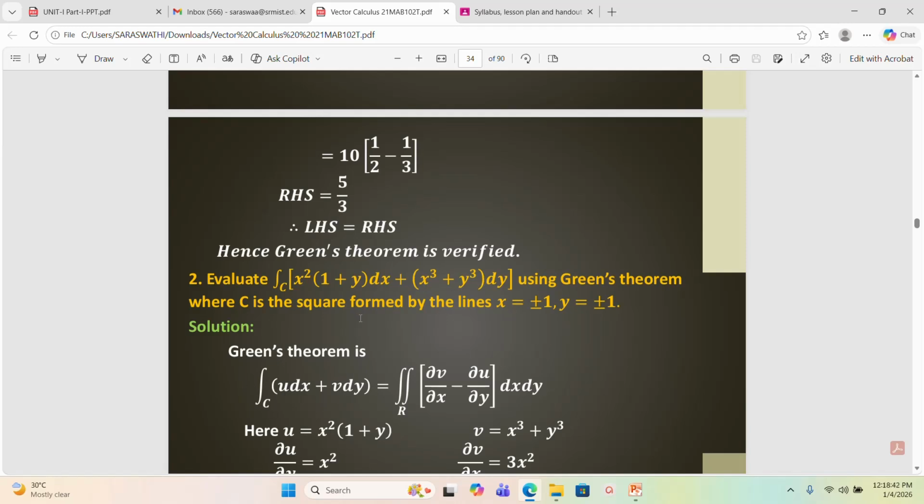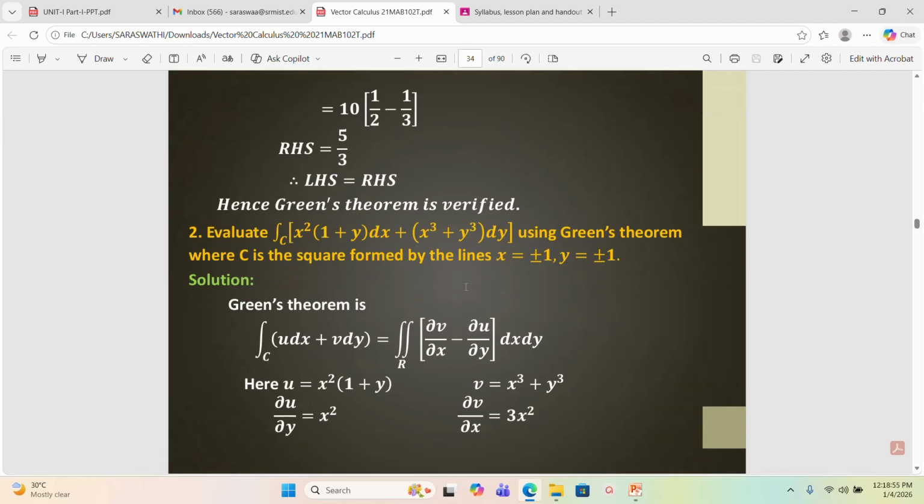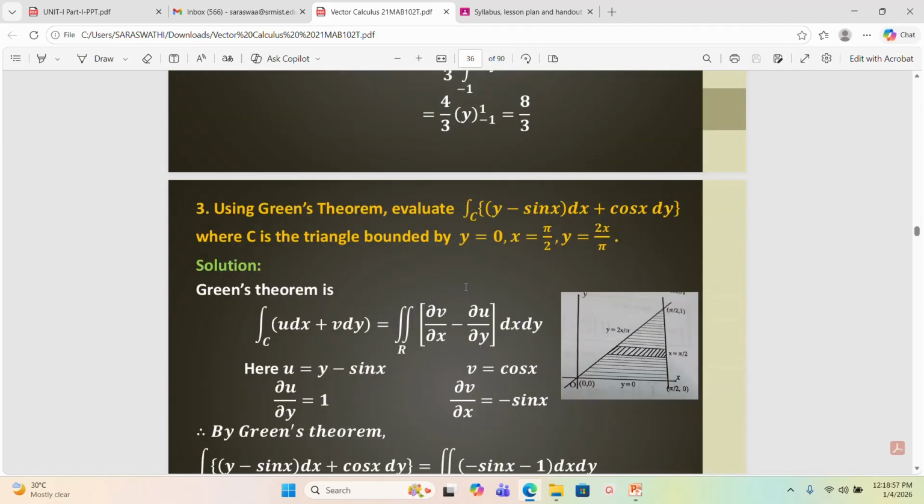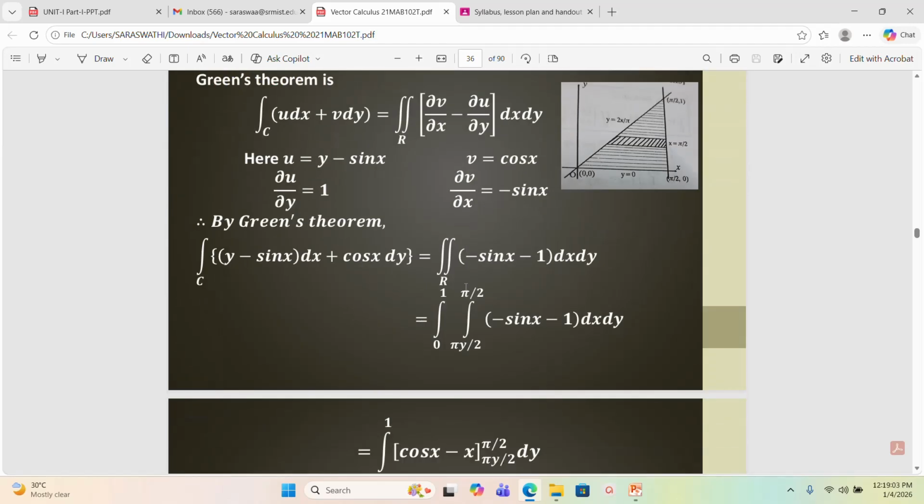So we need not go for verification of this question. It is asked only for the evaluation. So whatever the right hand side answer, which is equivalent to left hand side, which is nothing but the line integral of the question, it is 8 by 3. So now we can practice the third question for your reference.